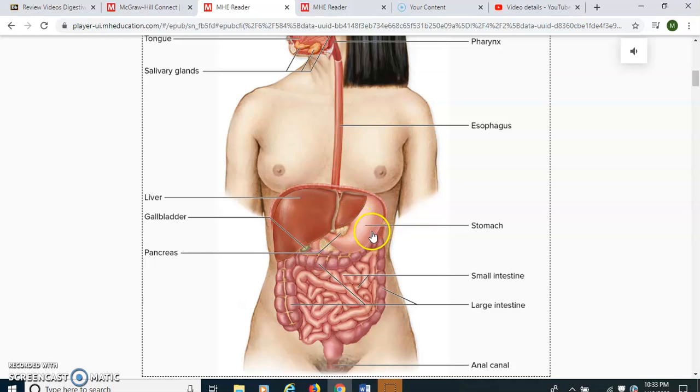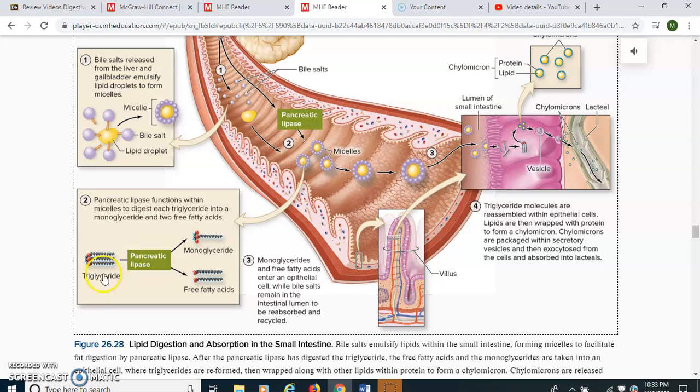So that gastric lipase is in the stomach as well as that lingual lipase from the salivary glands, and you'll get chemical digestion of the lipids in the stomach. The bonds will be broken between the fatty acids and the glycerol molecule. Generally you'll end up with one fatty acid attached to the glycerol, which they call a monoglyceride, and then 2 free fatty acids.